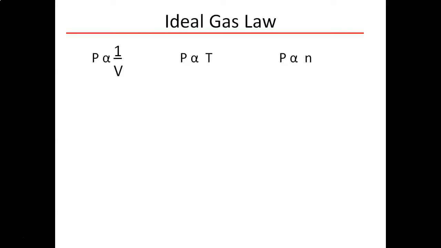So we have three laws that we looked at. As a result, we could say that pressure is proportional to my amount of gas times my temperature divided by my volume. If we want to get rid of the proportionality sign, we need a constant. We're going to call the constant in this case R, and rewrite it as PV equals nRT.